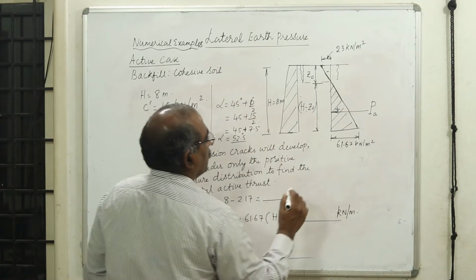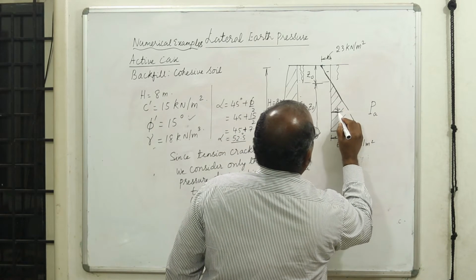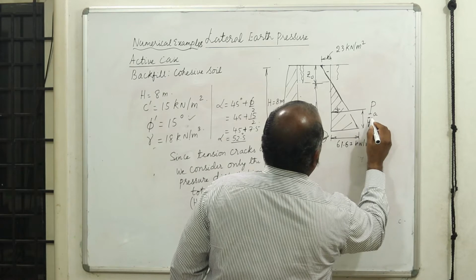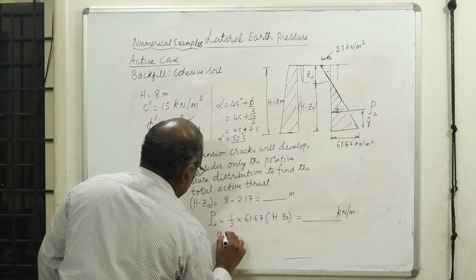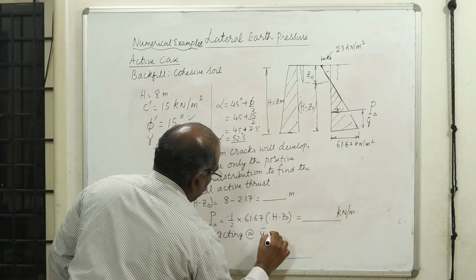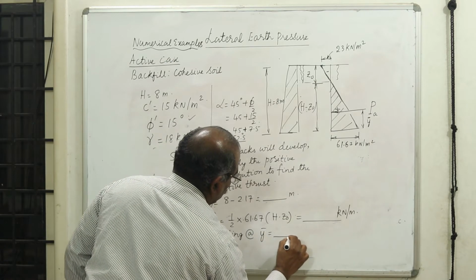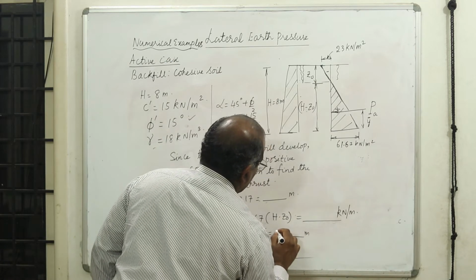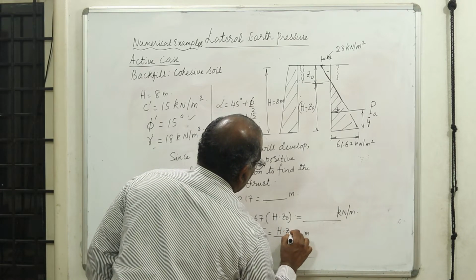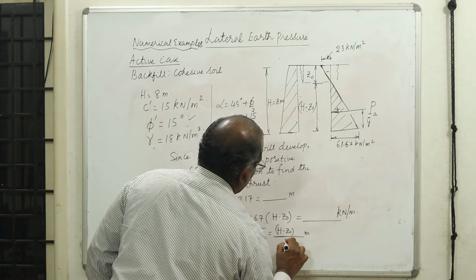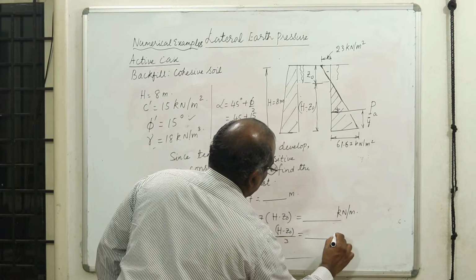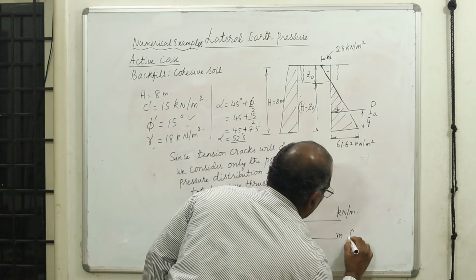What is the height at which this is acting? Acting at Y bar, so many meters, that is H minus Z0 divided by 3, one third of the height of the triangle from the base.